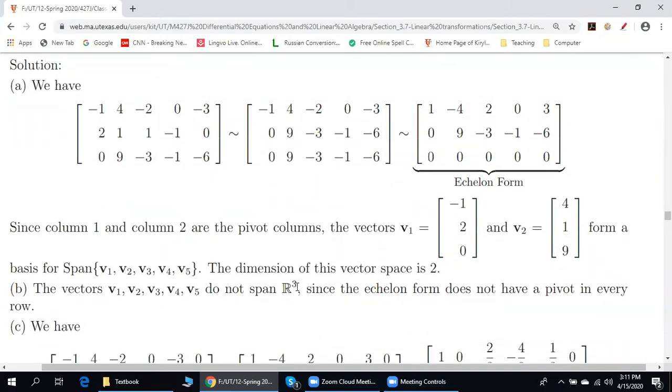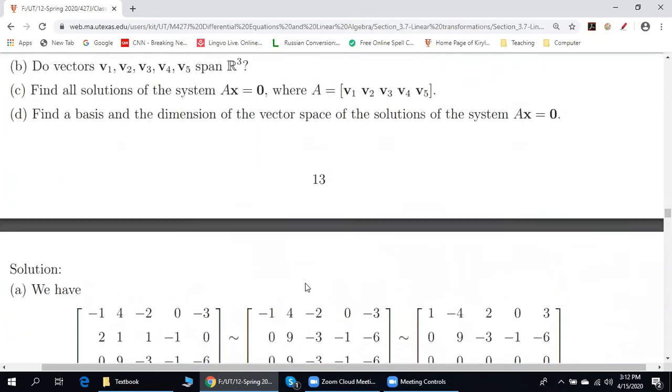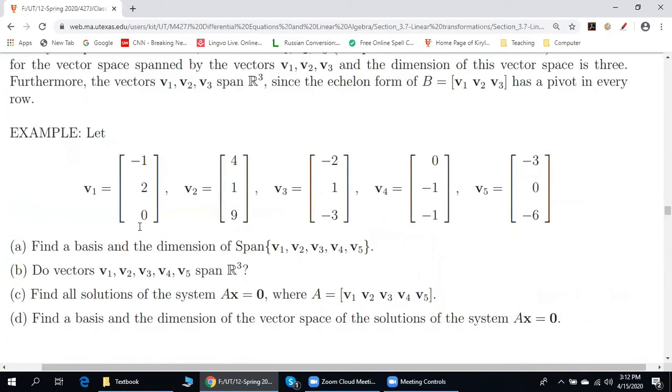Any questions here? So what would be the span? R2? No, they do not span R2 because these vectors are not from R2 at all, because R2 is the set of all matrix columns with 2 rows. Here we have 3 rows.